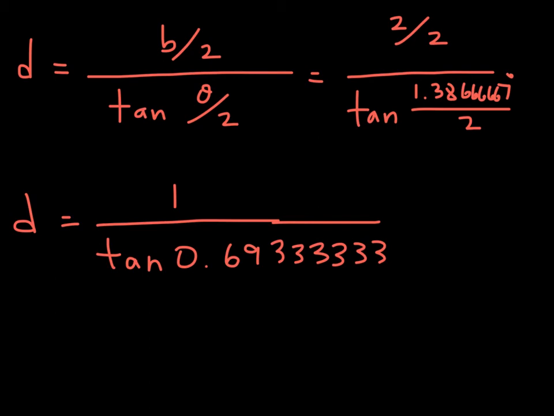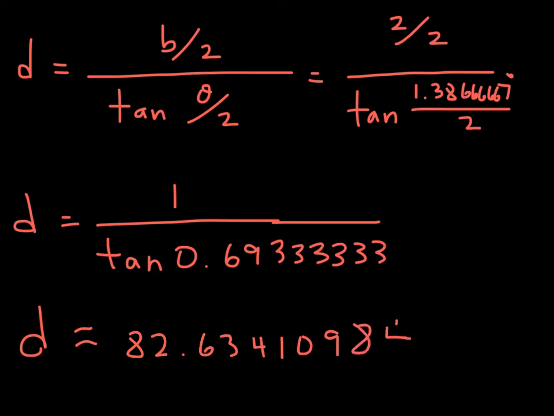So I actually punched all this into my calculator. I punched in 1 and then divided by tangent of this value, and I am getting that D is approximately equal to 82.63410984. Now this is centimeters, but we want to use, what was it, 5 significant digits?